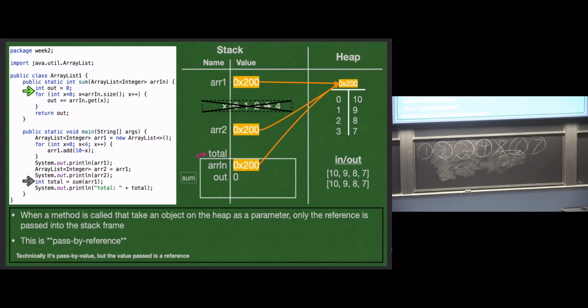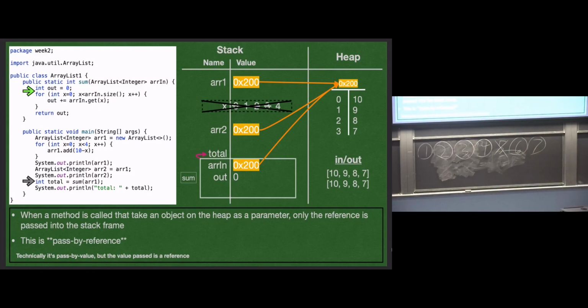Now we have three variables on the stack that are all referring to the same array list. There's only one array list that was ever created for this code. We did not create a new array list and copy all its values, creating another one in heap space. We never did that. We just have one array list and 3 copies of its reference stored in 3 different variables.